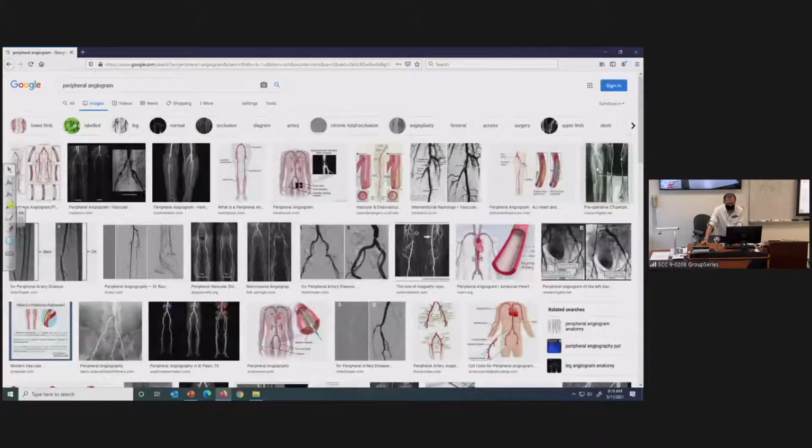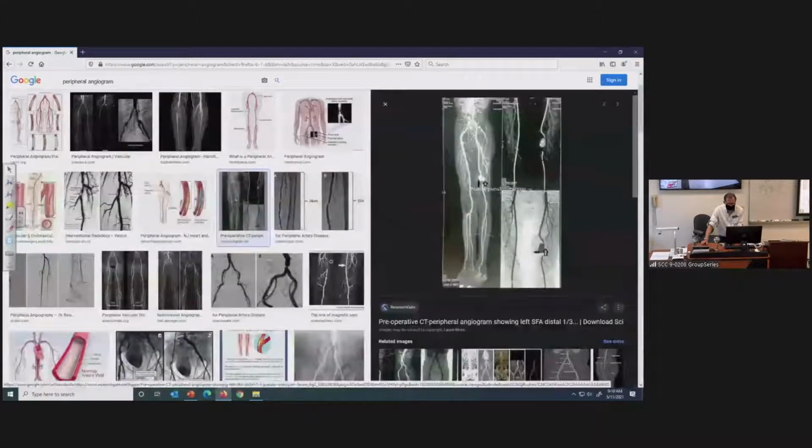There's a good one. So this is good. This is down the leg. Both legs. This is the whole body. We don't usually take pictures like that, but that's what this is. This is the iliacs, superficial femoral, the popliteals, tibio-peroneal trunk right here, peroneal.